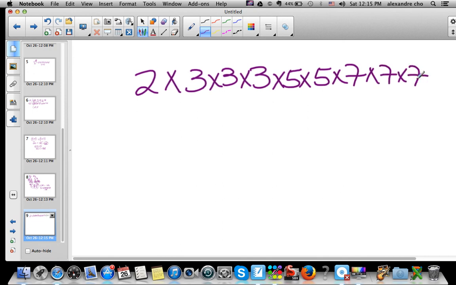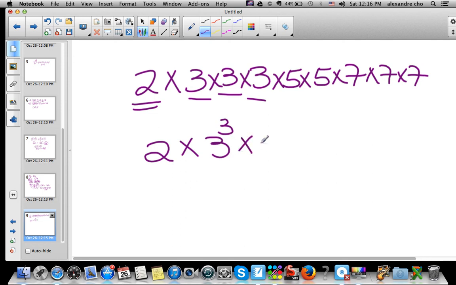Alright, so the 2 is only written once, so you can leave it as that. The 3 is written 3 times, so it's the base 3 multiplied by itself 3 times, that's the exponent. Then 5 is written 2 times, so the exponent is 2. Then 7, which is base 7, multiplied by itself 3 times.